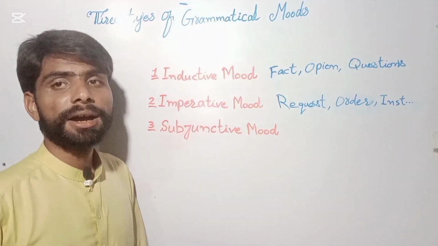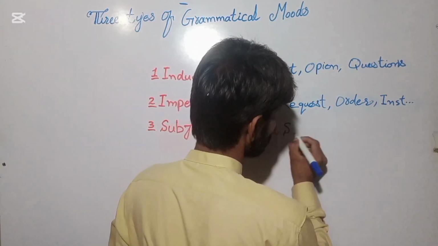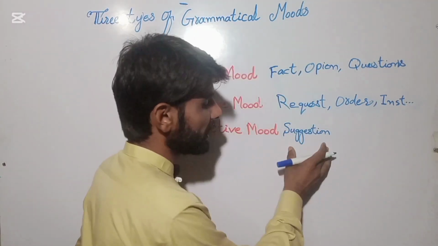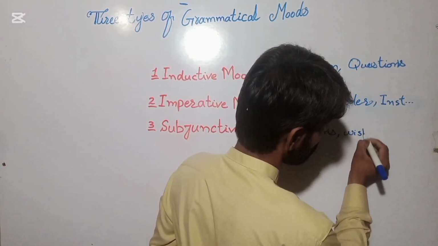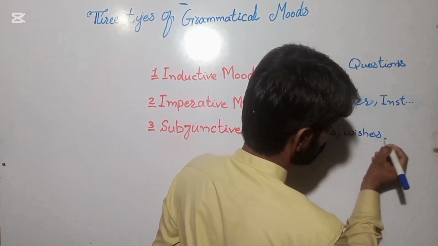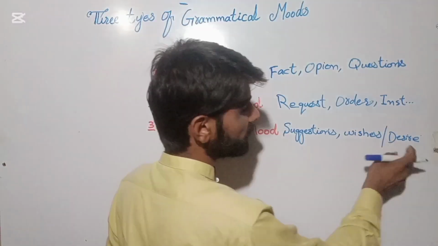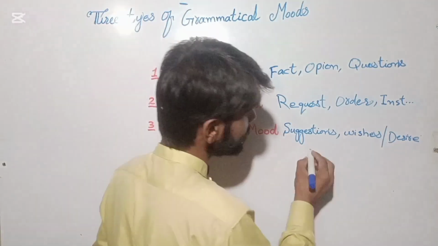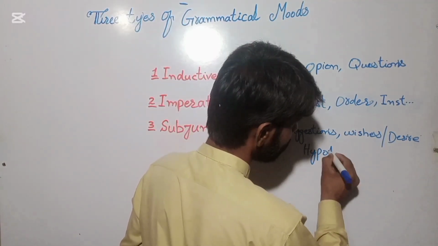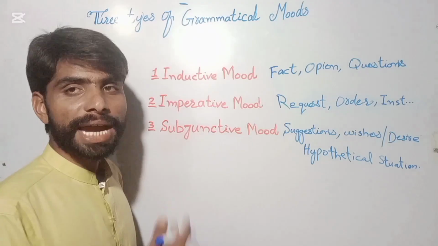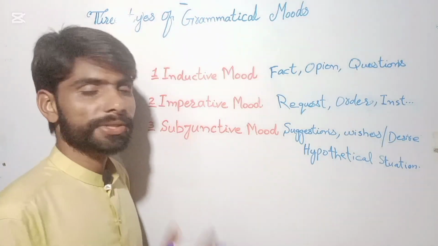Four types of sentences are used in subjunctive mood: suggestions, wishes, desires, and lastly hypotheticals. So that's the kind of sentences used in those moods, right?